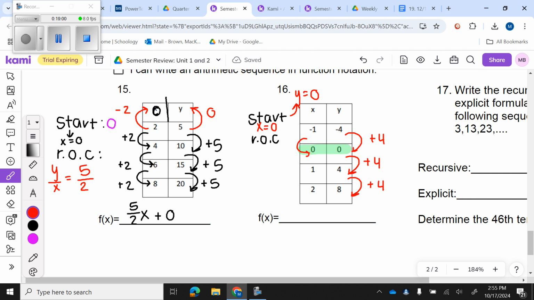To get from here to here, I'm adding 1, adding 1, adding 1. So remember, your rate of change is going to be your y over your x. In this case, it's going to be 4 over 1, which is just 4. When I write this as a function rule, I got to have my rate of change, which is 4. Your x has to go with your rate of change, plus your start, which we said is 0.